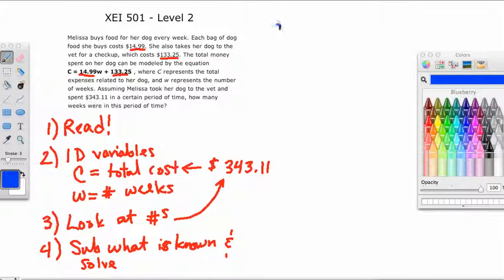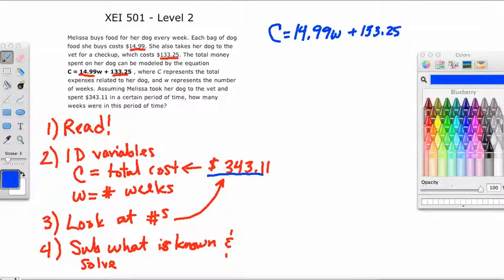So we've got this equation, and we know what C is. C is 343.11.